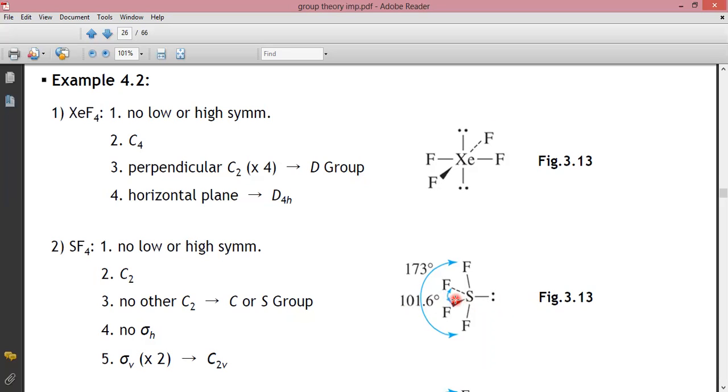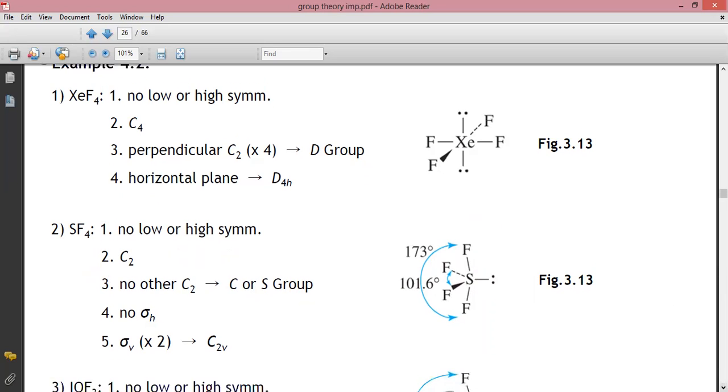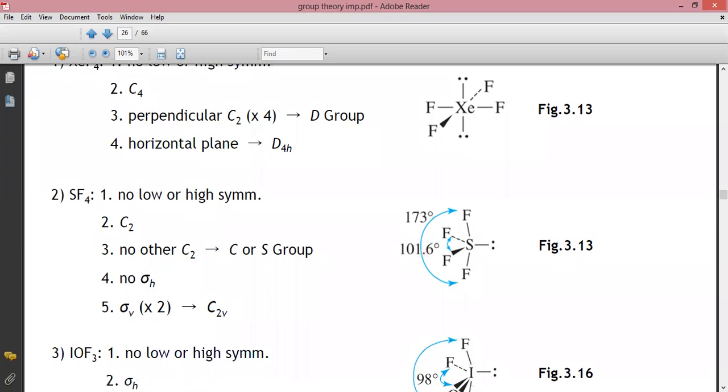Then rotate the molecule 180 degrees, you will find the equivalent configuration. C2 is present, and sigma v is also present. That is why we call this the C2v point group.